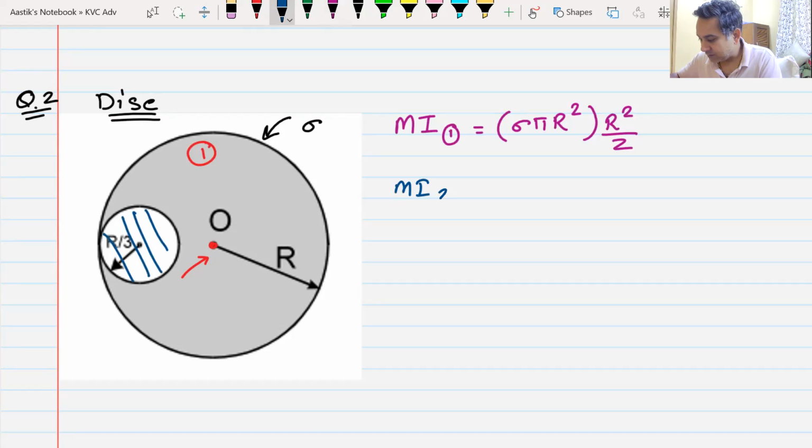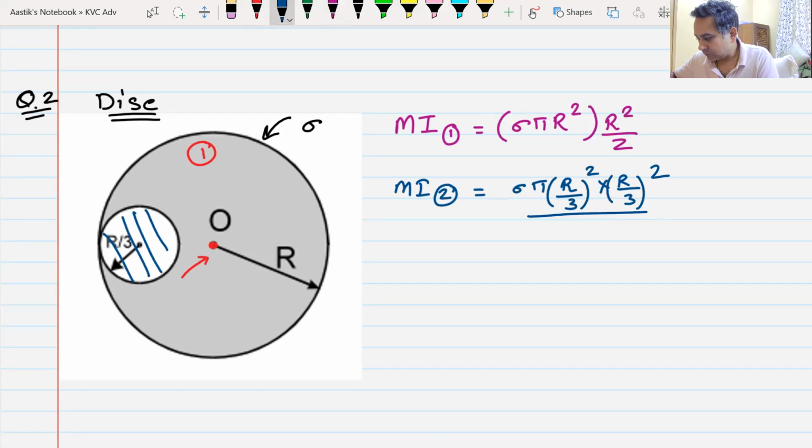What is its moment of inertia? Sigma pi into r by 3 whole square into r by 3 whole square by 2. And I have subtracted them both, sir. MI1 minus MI2.